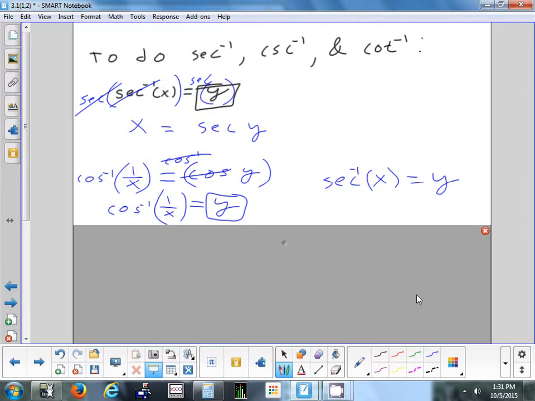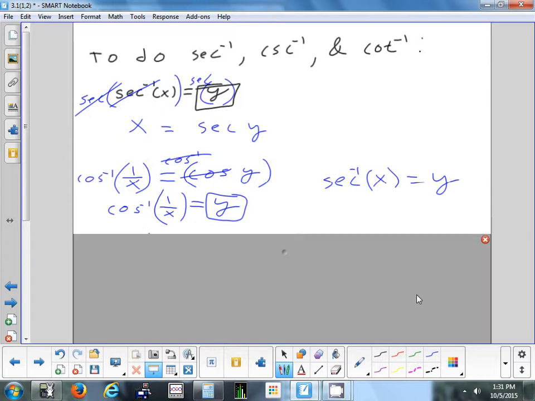Just the letter. You just end up flipping the letter or the argument inside. Right? So if you see inverse secant, that one you use inverse cosine. If you see inverse cosecant, which trig function would you use for that one?